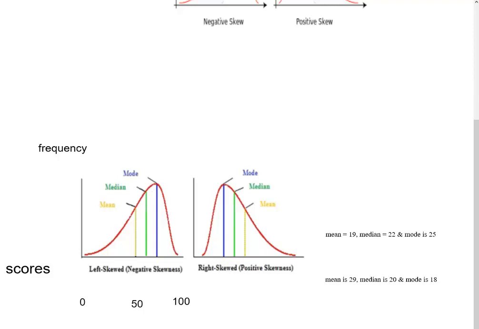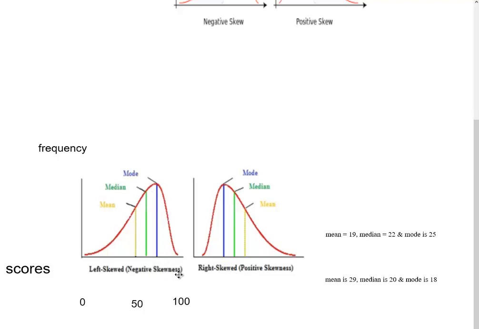So examiners might give you a skew and ask you why we might get a positive or a negative skew. So just think back to this data. If we have a negative skew, we know that most of the scores are high. Most of the scores are here between 50 and 100 in that group of scores.